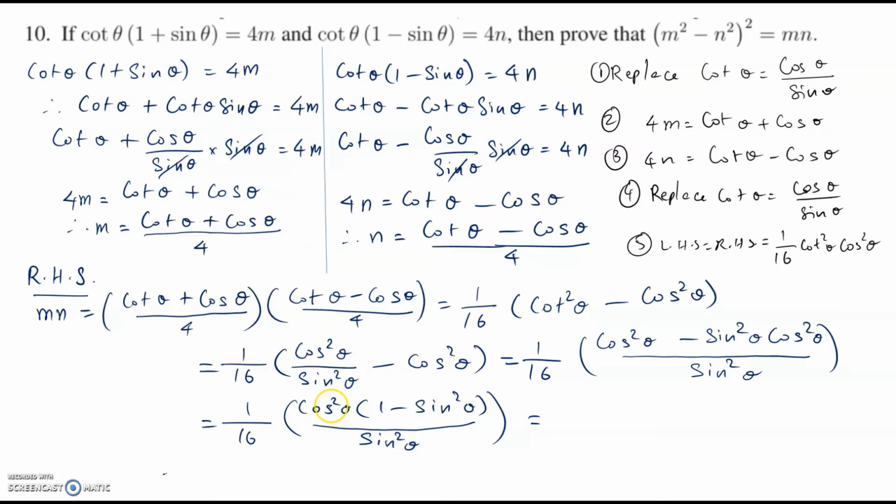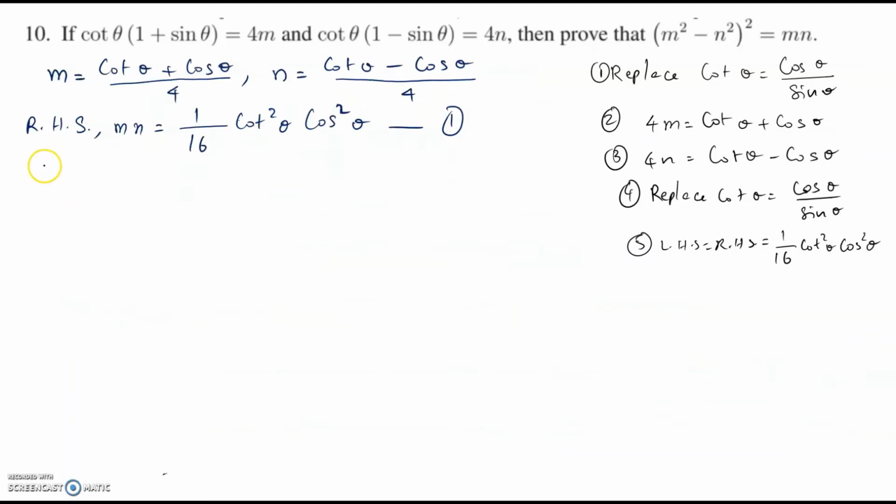Now, cos squared theta divided by sin squared theta is nothing but cot squared theta, right? Cos by sin is cot. So it is 1 by 16 into cot squared theta, and our 1 minus sin squared theta is cos squared theta, so into cos squared theta. So, let's call this 1.